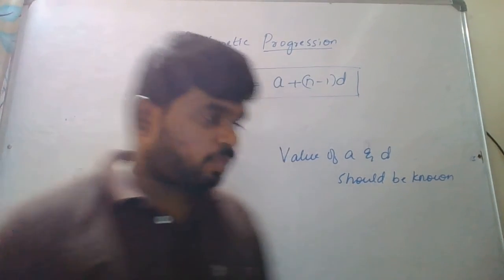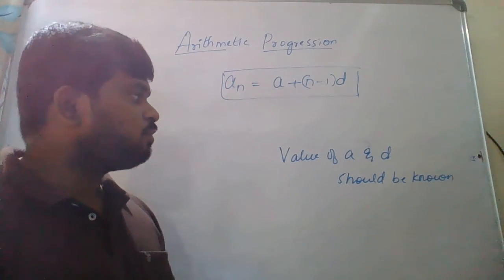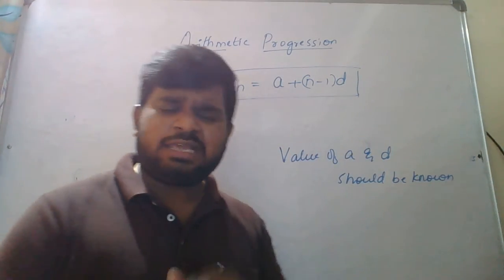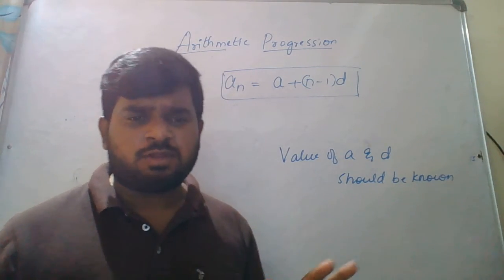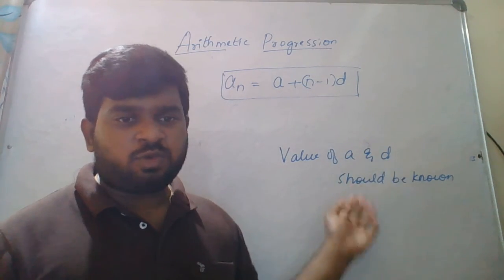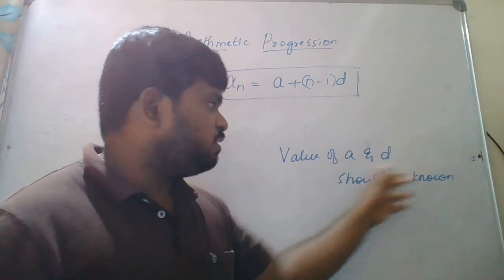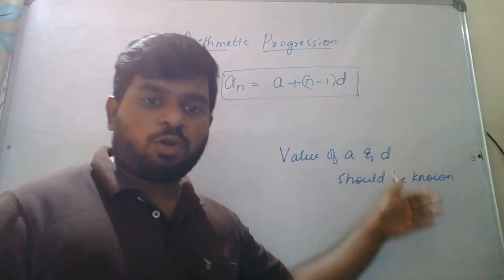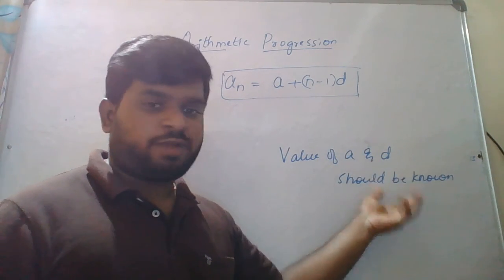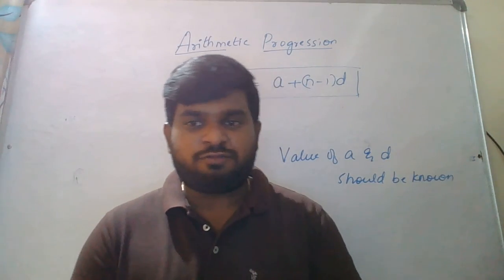If you know the value of a and d, easily you can solve the problem, whatever different kinds of problem. Okay, so everything is based on this. If you don't know, how will you find it? Once you find it, you can solve it. Okay, so let's get on to the first exercise of AP chapter.